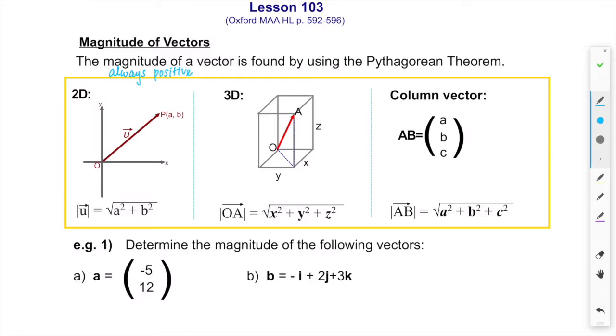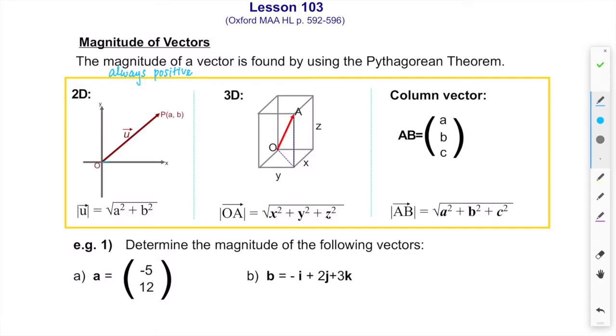And the idea behind it is really to use the Pythagorean theorem to sum up the size of a vector by looking at the x and y components. So here, if we are talking in two dimensions, I have a position vector OP with endpoints a and b.